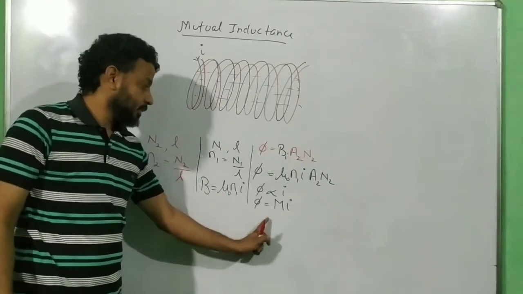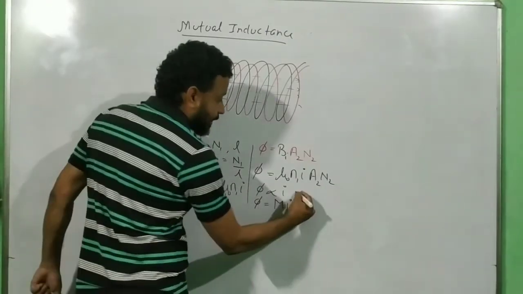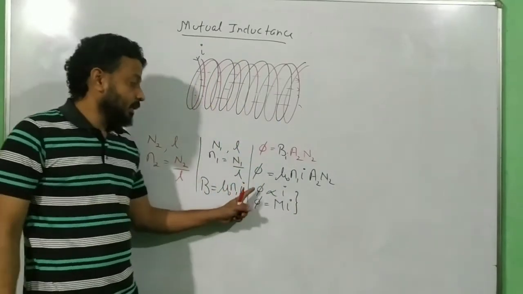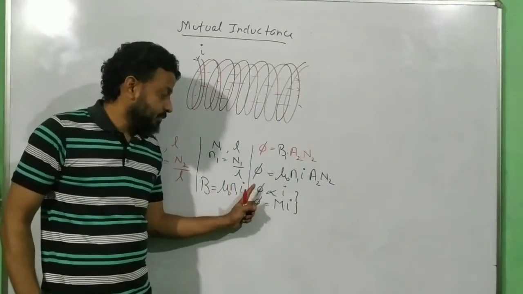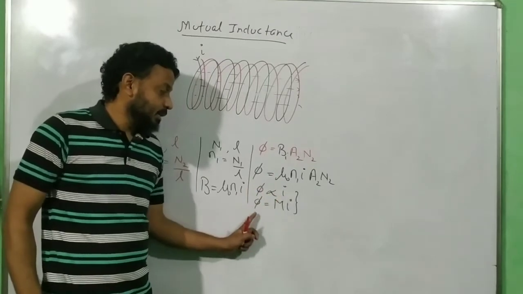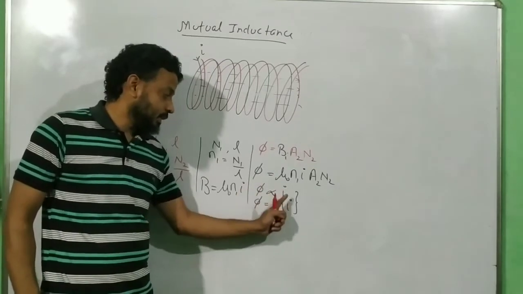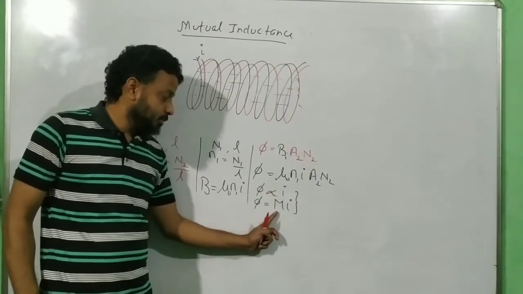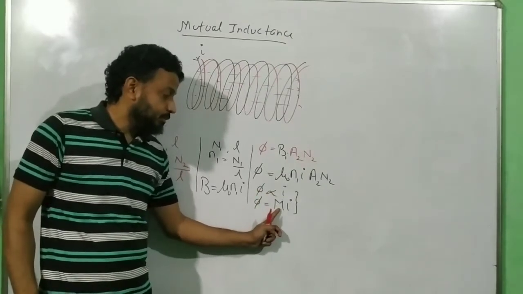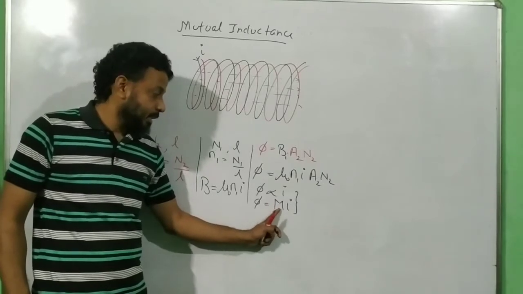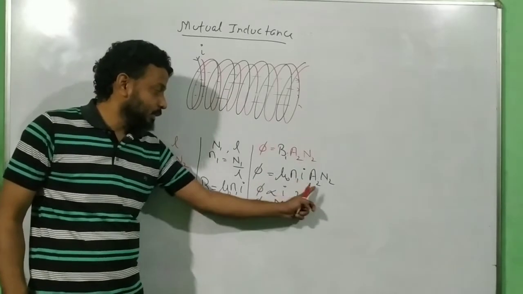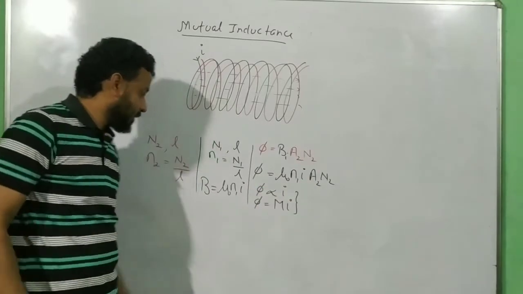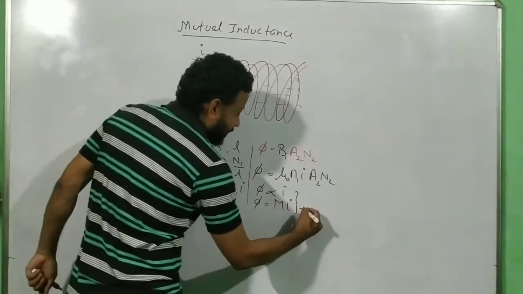So this is my definition of mutual inductance. In the previous one we saw that the flux is linked with the current. Here also the flux is linked with the current, and to remove the proportionality sign, we introduce a term called mutual inductance. Now if I compare this defining equation with this one, what will I get? This is by definition.